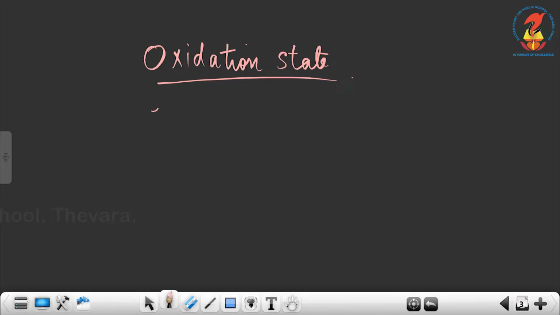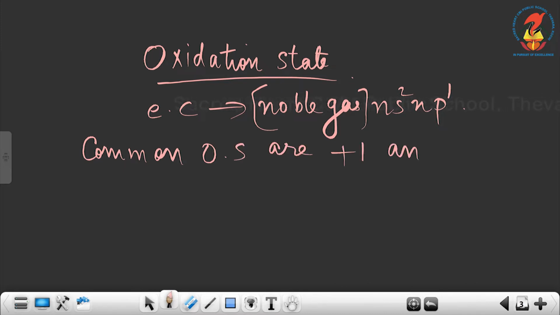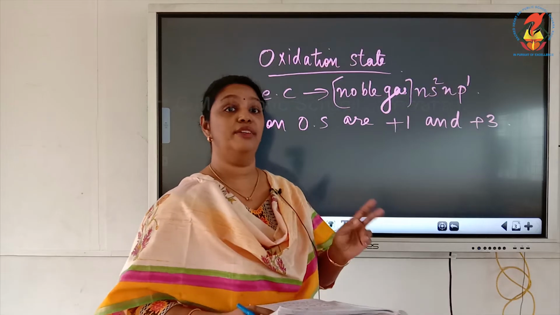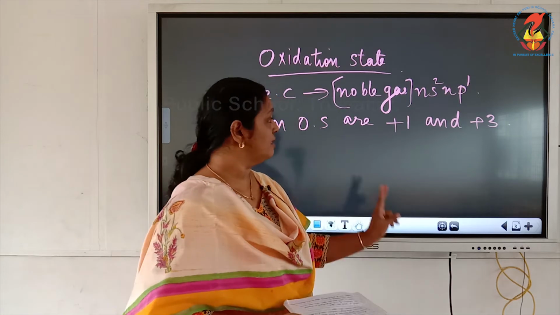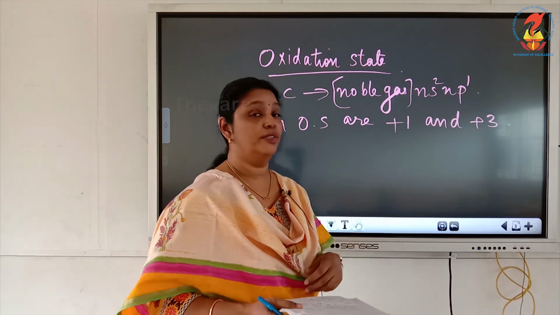Now you know that the general electronic configuration of these elements is noble gas ns2 np1. So they can show two oxidation states, and the common oxidation states are +1 and +3. I told you the two oxidation states differ by a unit of 2. So the two oxidation states exhibited by group 13 elements are +1 and +3.